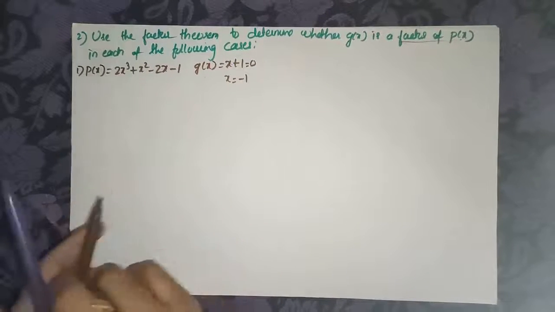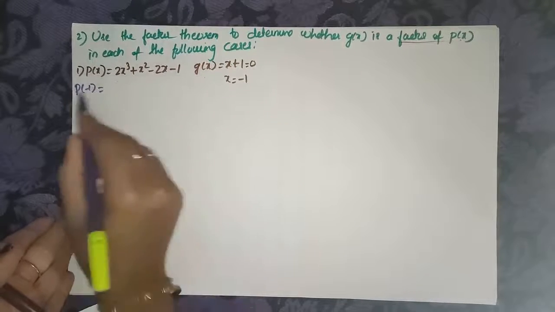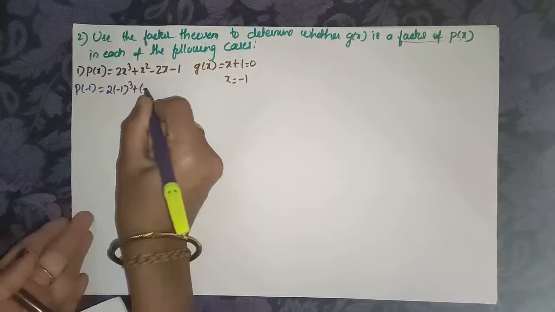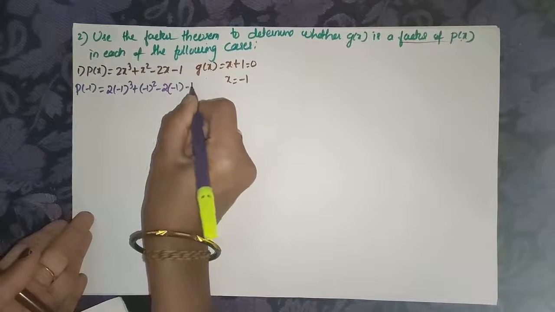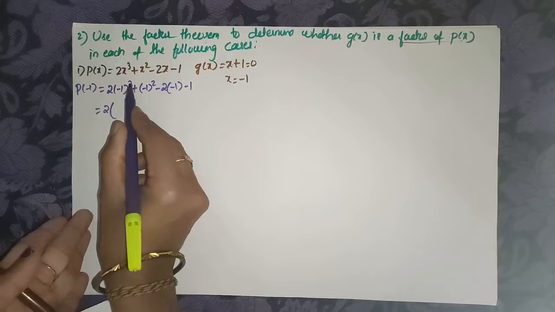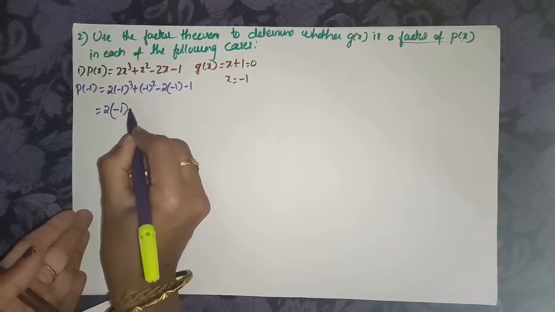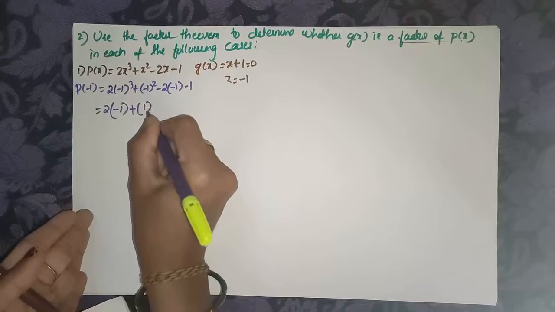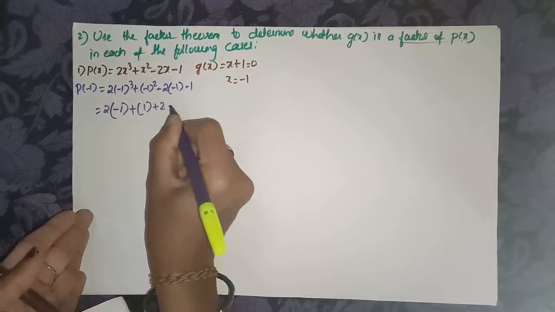Substitute in this. Here p of minus 1 equals 2 into minus 1 cube plus minus 1 square minus 2 into x, that is minus 1, minus 1. Here minus 1 cube, the cube odd power is there, so minus 1 cube is minus 1, plus minus 1 square is plus 1. So minus into minus plus 2, minus 1.